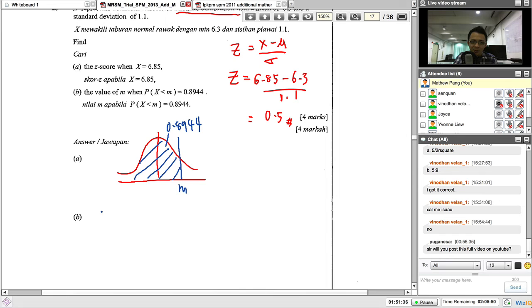Of course I'm going to change this to Z. So Z is less than M minus the mean 6.3 over the standard deviation 1.1, which equals 0.8944.